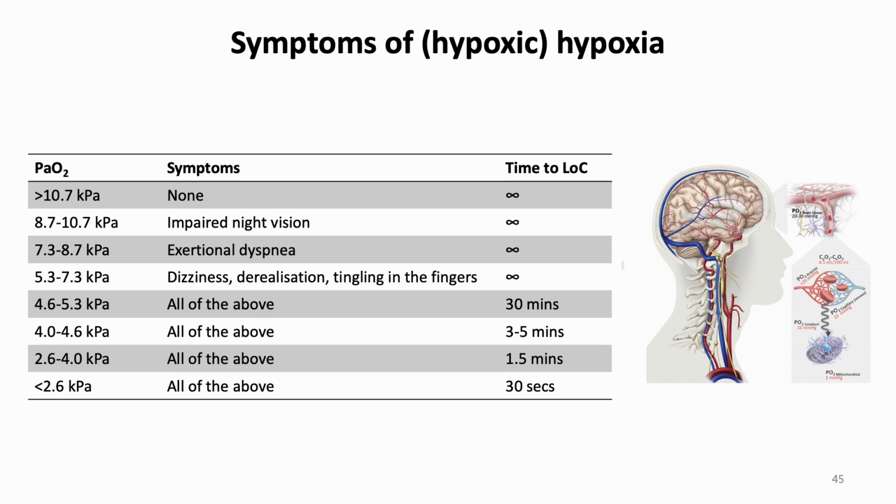Please note that exertional dyspnea is really the only respiratory symptom of hypoxia, and many of the other symptoms are very vague, so they're actually difficult to detect, and that just shows that, for example, during breath hold, hypoxia is not the limiting factor for breath hold time.